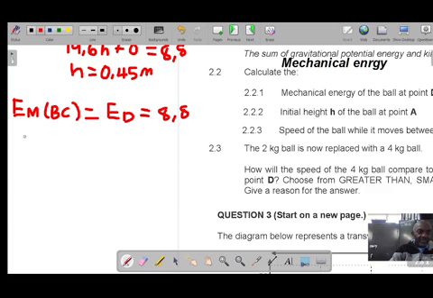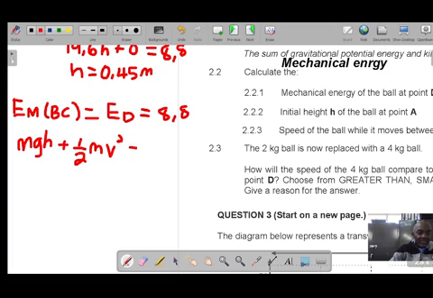So how do you find the EP? It's mgh along BC. M times g times the height along BC, and then plus a half mv squared, that is a half times the mass times v squared, but that is the v along BC, don't forget.